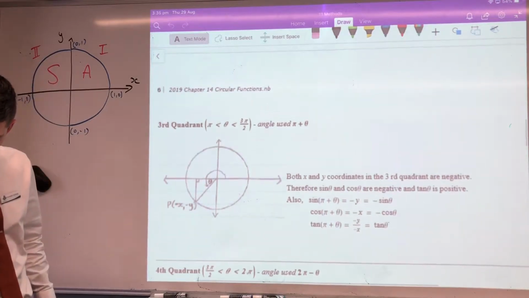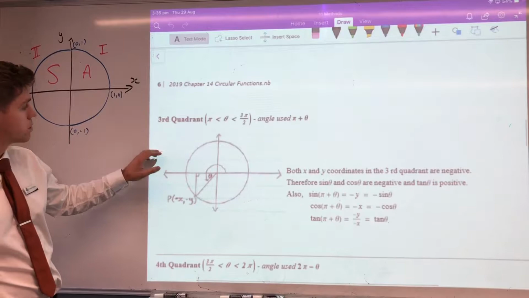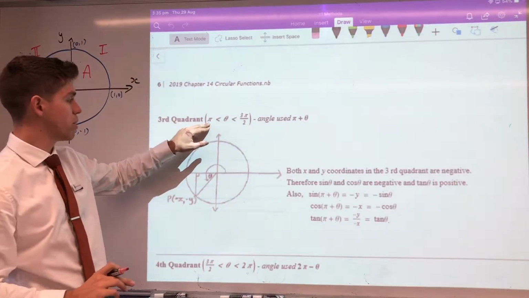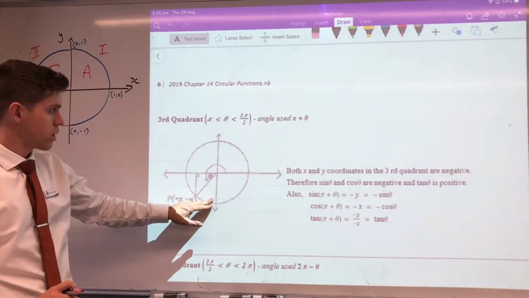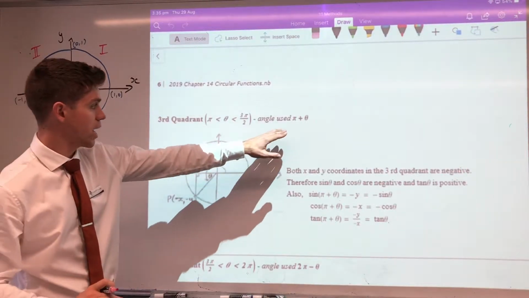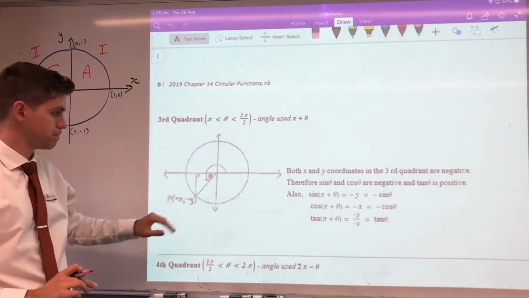The third quadrant. In the third quadrant, where angles are greater than pi but less than 3 pi on 2, we're dealing with these angles around here. And we could also say that the angle is pi plus theta.